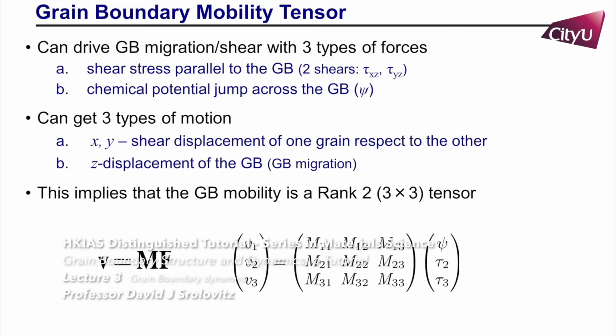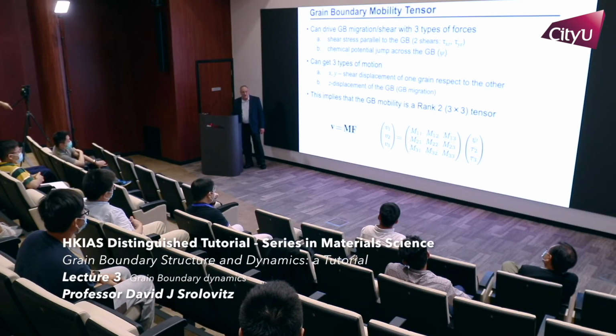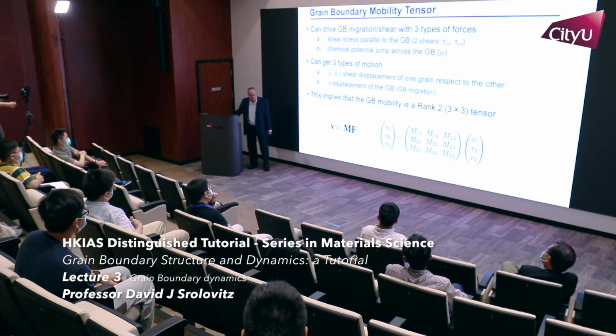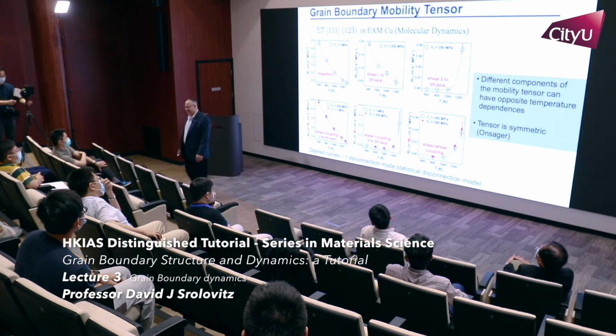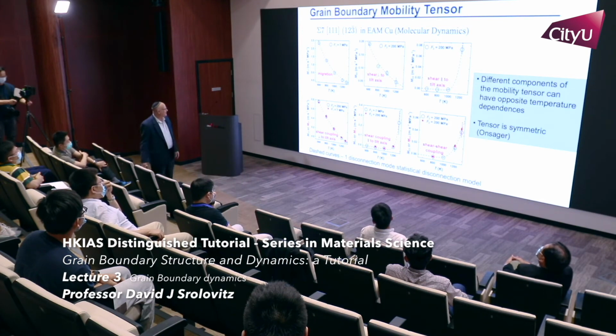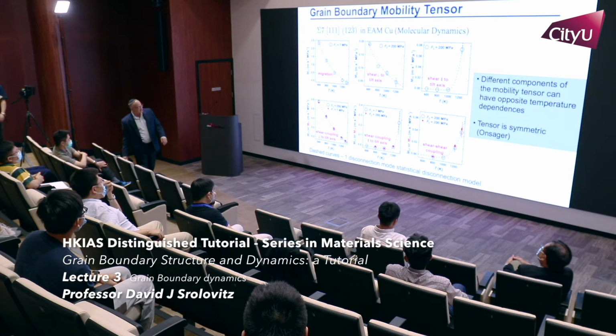And it's a rank 2 tensor, it's 3 by 3, like that. Now I can go in and actually do a molecular dynamics calculation and measure every one of those parameters. So that's a lot of parameters, but there should be 6 of them, 6 independent ones.